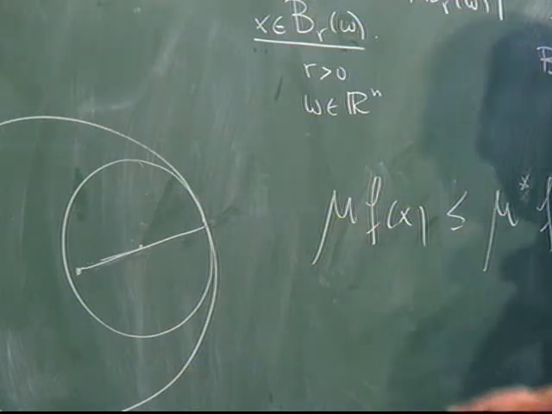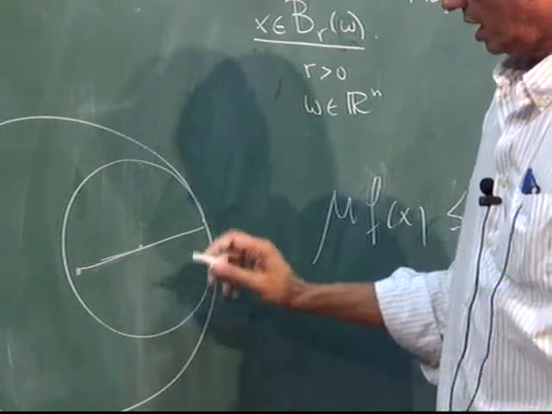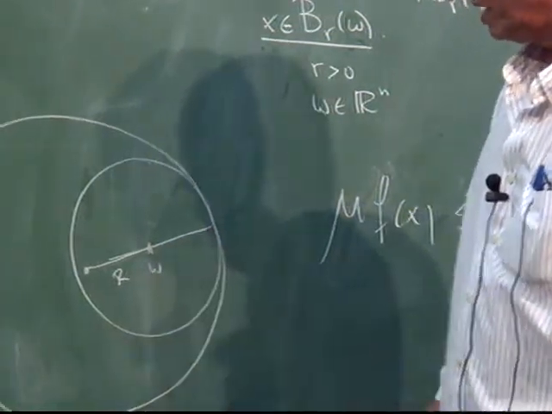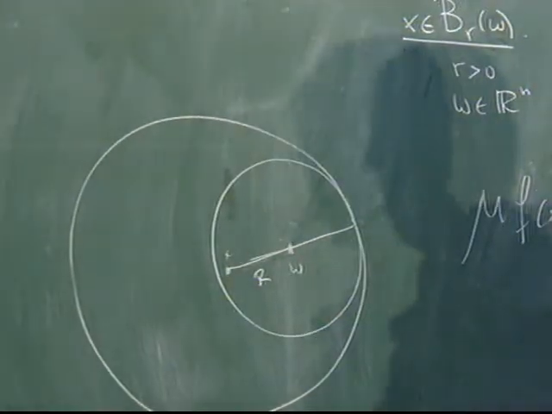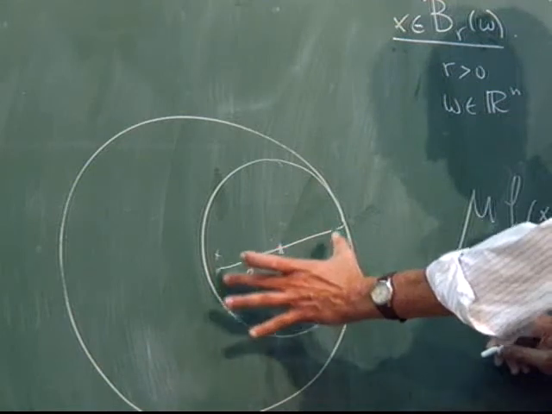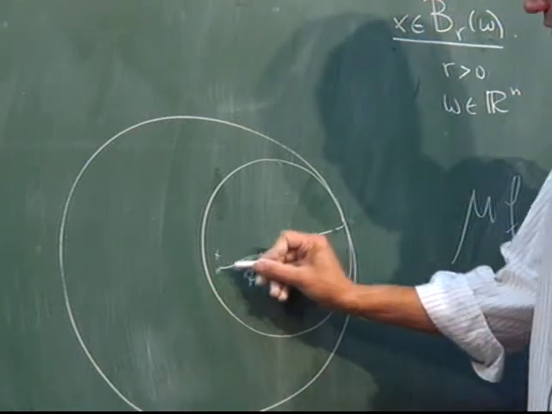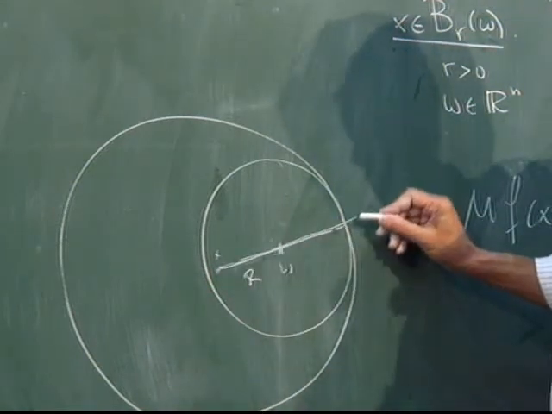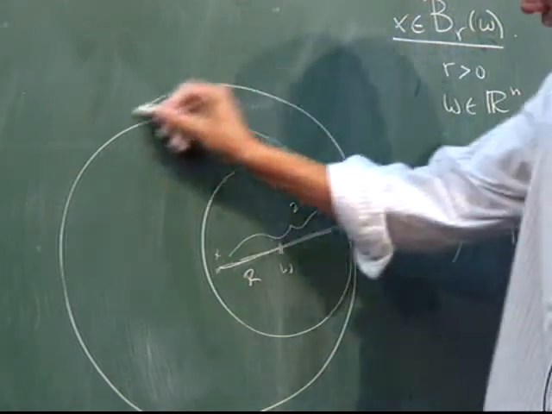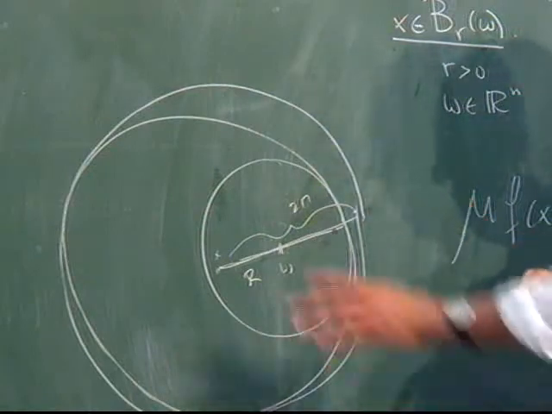Okay. If you do, okay, you are taking this radius. Suppose, I mean, this is one ball, this is the radius, this is your x. Okay? Then what you have here, now you take the radius 2r, and now you are in the center of that. Okay?